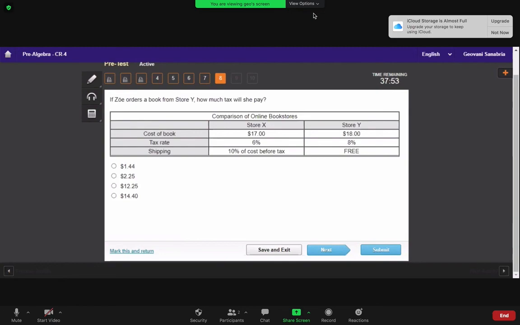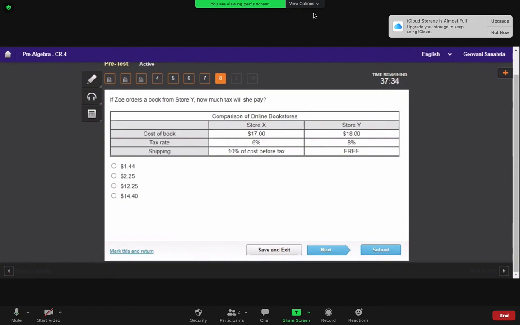If Zoe orders a book from store Y, how much tax will she pay? So it wants just the tax.